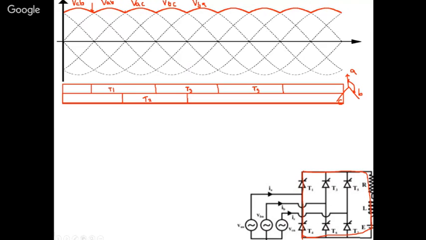I'm not saying every time it will get short, but there is a chance. It depends on the load also. Say here there is a load, but sometimes say your load is very less, so there is a chance of getting short. No, here I have drawn, 1 second. It will.